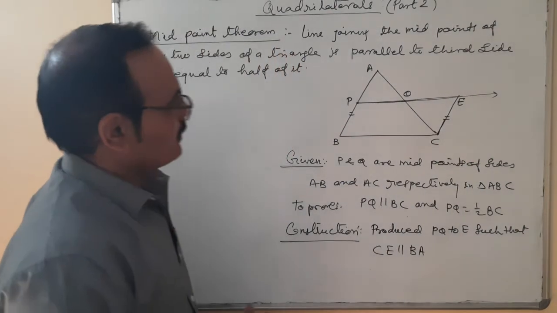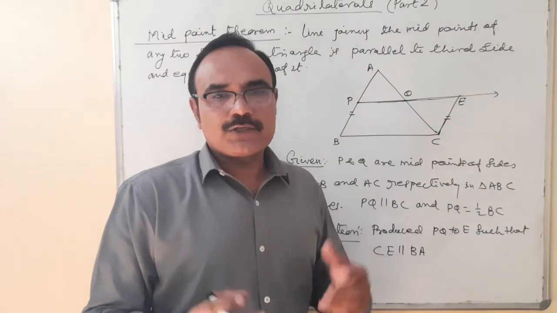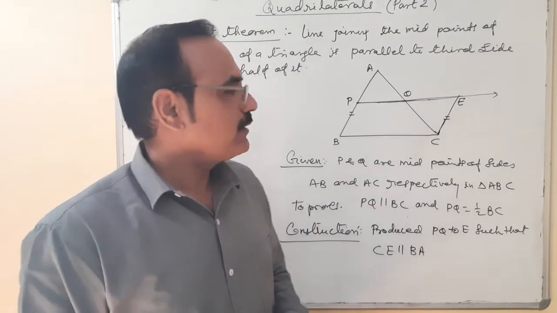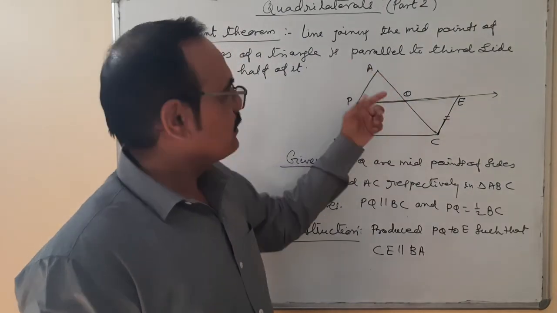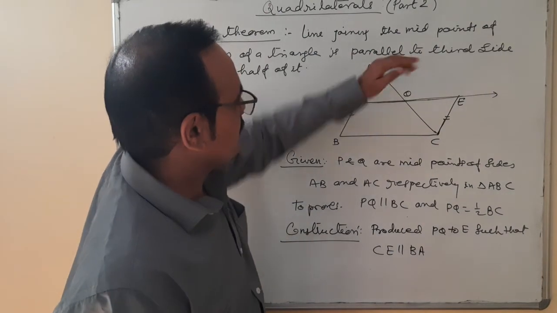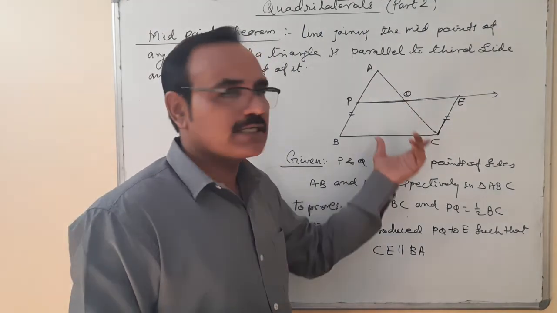Okay. So we have to prove that PQ is parallel to BC. Practically, suppose I am using paper, and this is a triangle. I can cut this upper portion and paste it like that. So it becomes a parallelogram. And when it becomes a parallelogram, what does it mean? Opposite sides are parallel.